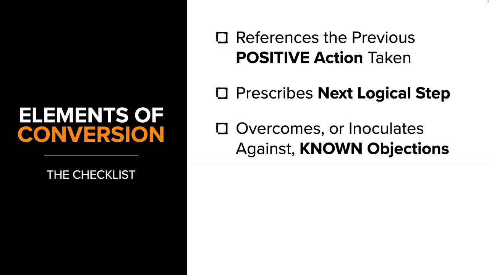Then we're going to make sure that we're inoculating against or overcoming known objections. What are the common misconceptions or known objections on why someone would choose not to make a purchasing decision? They wouldn't give you their time. They wouldn't give you their money. They wouldn't consume the thing they already have. Let's go ahead and acknowledge those and inoculate against them. Think 8 Mile.